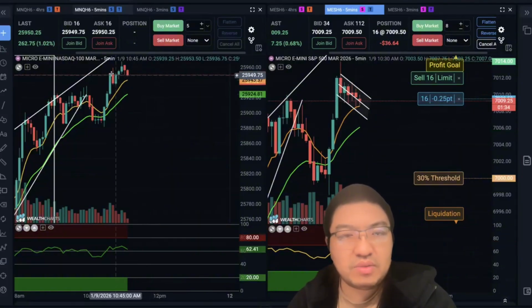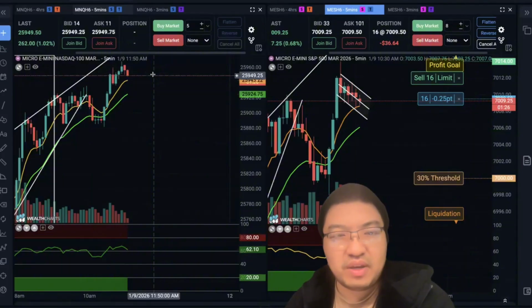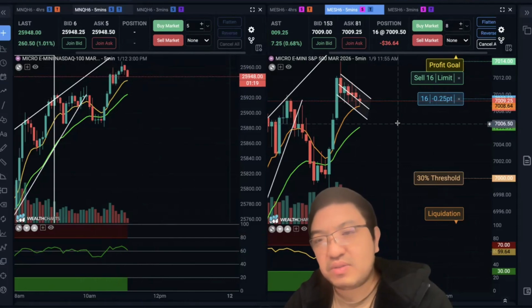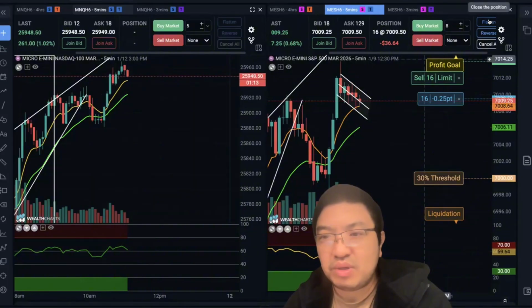Here it retests the previous sideway, not even here. See if it breaks out. See if NQ breaks out to here. For ES, oh, it's still sideway. Maybe I should just quit the trade.